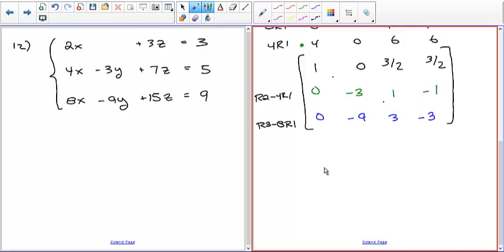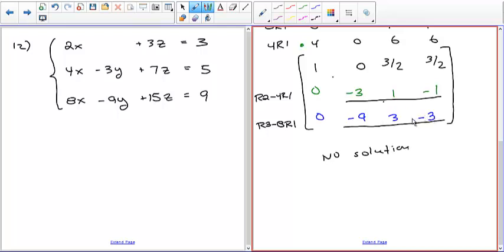Now you guys probably wouldn't notice this, but at this point, notice that this is just 3 times that. And as a consequence, if you ever end up with one row just being a multiple of the other, you basically say, no solution. Okay? Because these are basically the same equation.